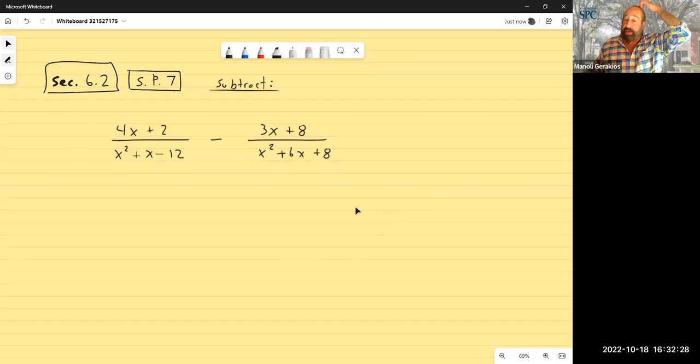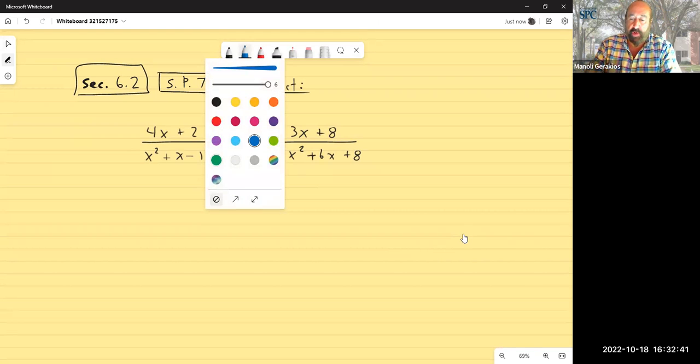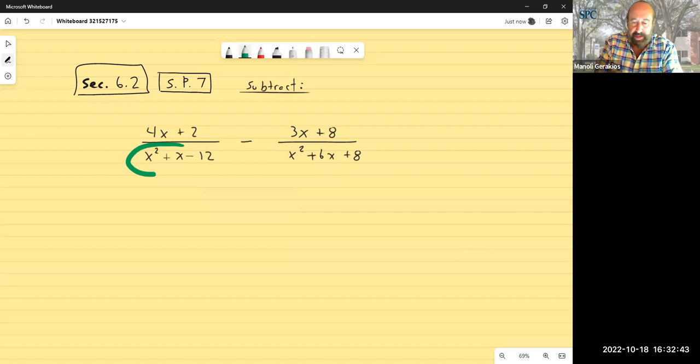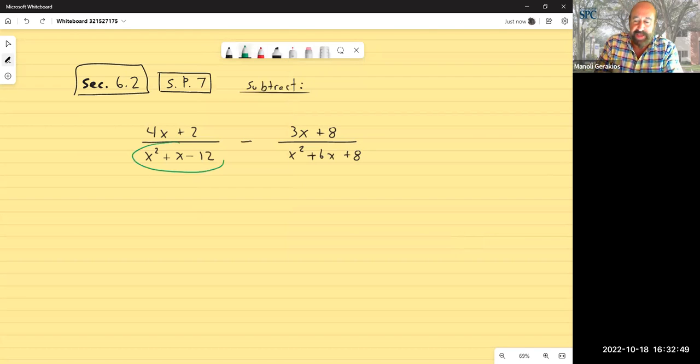The first thing that we've been working on this week is, when you add or subtract, even if it was fractions, here we're adding or subtracting rational expressions, the first thing we look for is whether the denominators are the same. So I ask myself, hey, self, are these denominators the same?